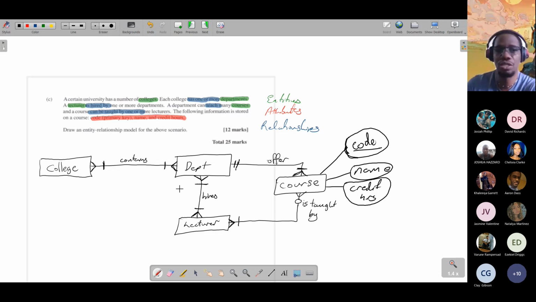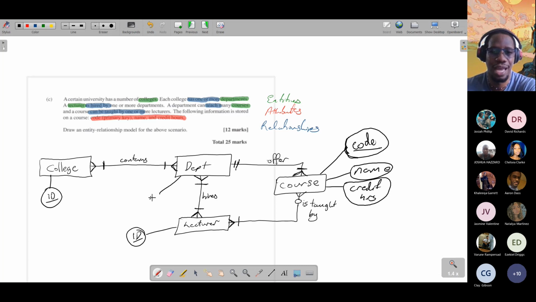Now, if we want, we can do this, because this is one thing we know that each entity will need. Each college will have its ID, each lecturer will have its ID, and each department will have an ID. But outside of this, we were given nothing more in terms of attributes, so do not put anything more. The thing is that we know that every entity must have an ID attribute.